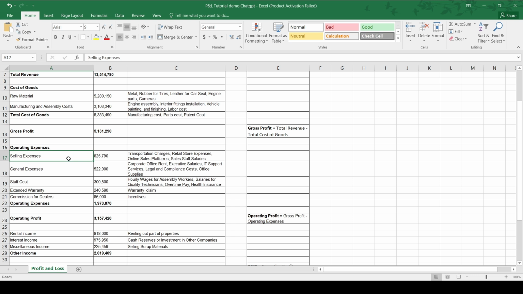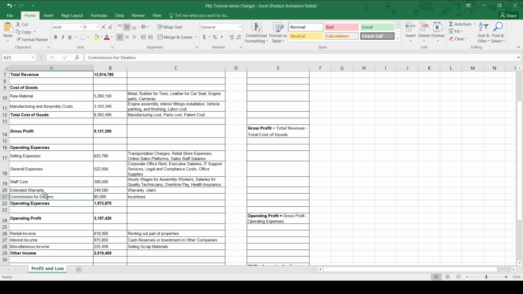Selling expenses. These expenses include marketing cost, advertising cost, promotional activities, and sales team expenses. General expenses. These are the overhead costs like office rent, executive salaries, and utilities. Staff costs include hourly wages and salaries and other overtime pay.